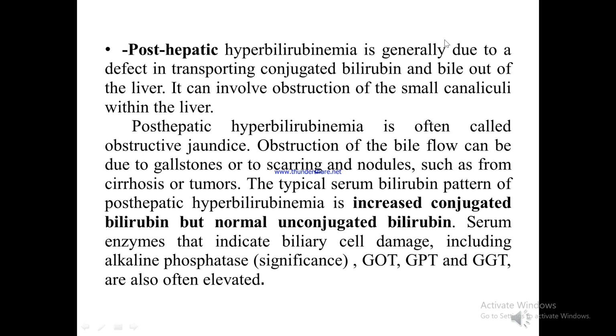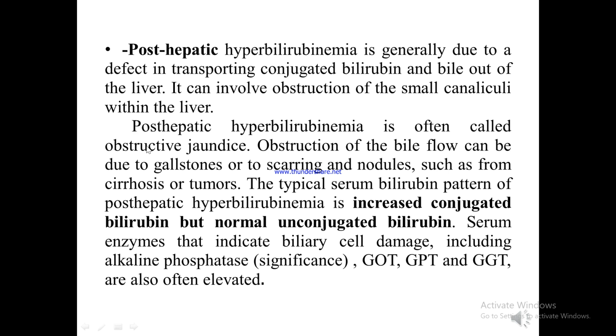In post-hepatic hyperbilirubinemia, we can define the state as generally due to a defect in transporting conjugated bilirubin and bile out of the liver. It can involve obstruction of the small canaliculi within the liver. Post-hepatic hyperbilirubinemia is often called obstructive jaundice.